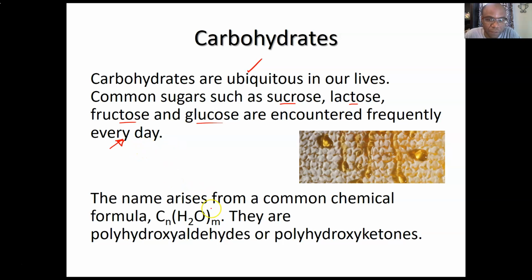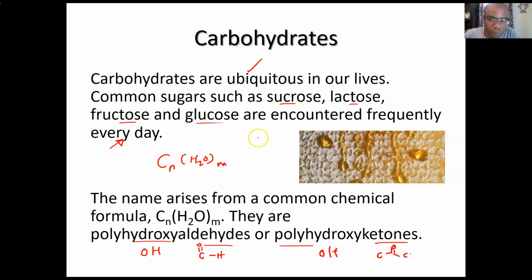Those are carbohydrates. The name arises from the formula CnH2Om, and they are polyhydroxyaldehydes or polyhydroxyketones, which means you're going to have OHs in the structure and an aldehyde, or you're going to have OHs in the structure and a ketone.